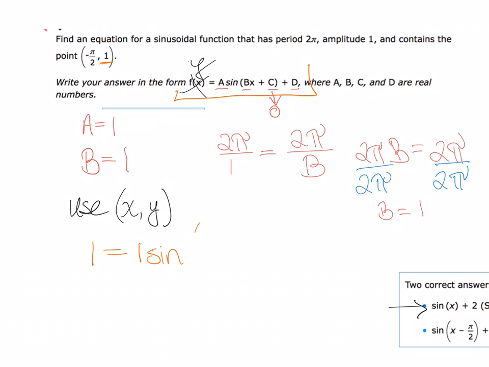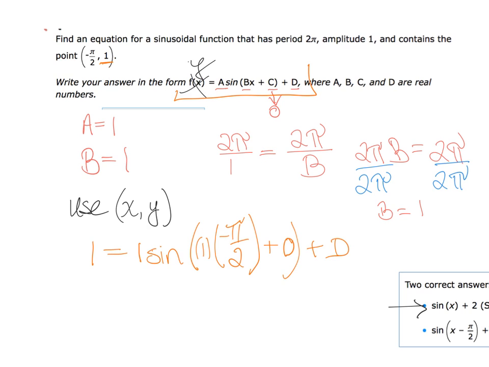So B is also 1, so we've got 1, and x, which is given to us as negative pi over 2. Remember, we're letting C be 0. I've got an extra parentheses in there, and then we're going to write plus d, because that's what we're going to try to find in this particular case.